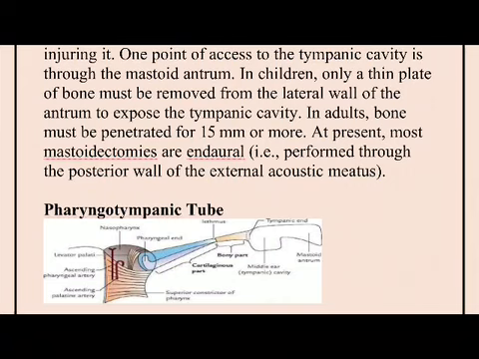But in adults, bone must be penetrated for 15 mm or more. So when you are doing such surgery, you need to consider the age of the patient. If it's an adult, you might need to go 15 mm or more. But in children, very thin plate of bone is what you need to remove to get access to the tympanic cavity through the mastoid antrum.